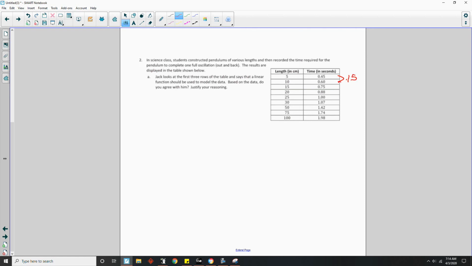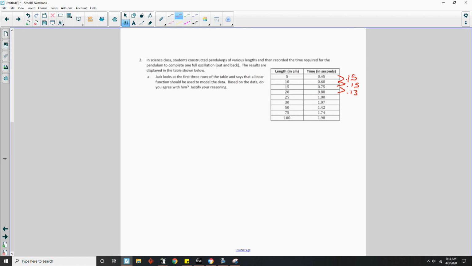To get from 0.60 to 0.75 was again 0.15. So it looks linear so far, but then when we get to 0.75 to 0.88, we see that it went 0.13. So at that point, the common difference is not common, and therefore this is not a linear function.